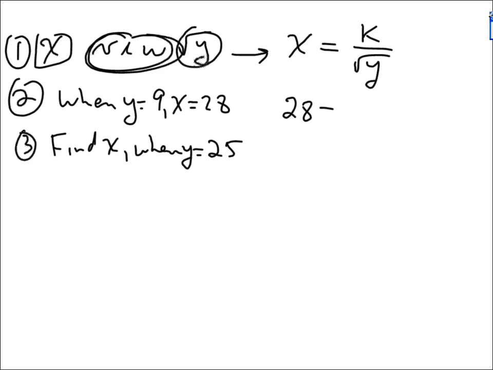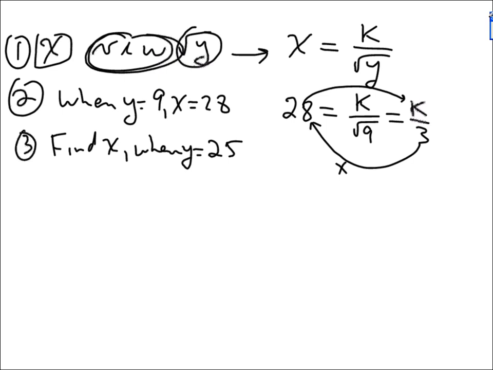So 28 is equal to k over the square root of 9, which is k over 3. That is, the square root of 9 is 3. 3 times 28, that gives you k. So k over 3 is 28. This product equals k. You need to know that like you know your name. K is 84.